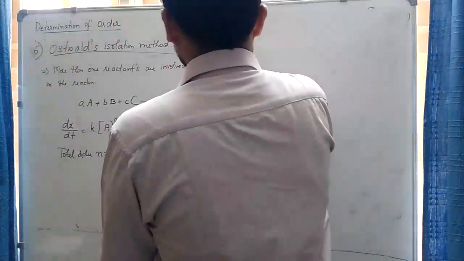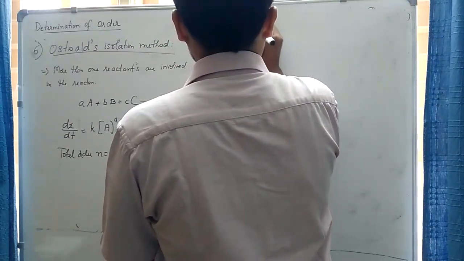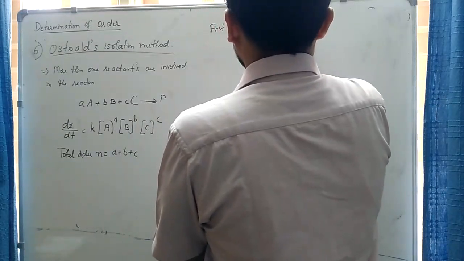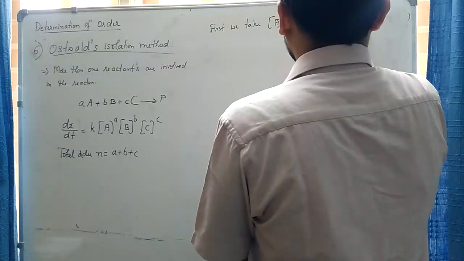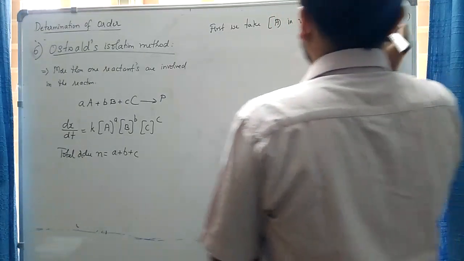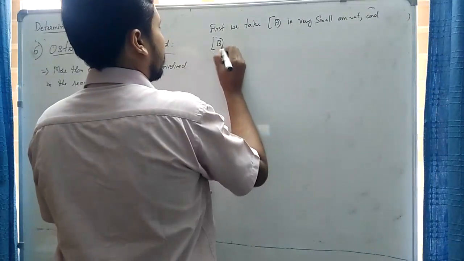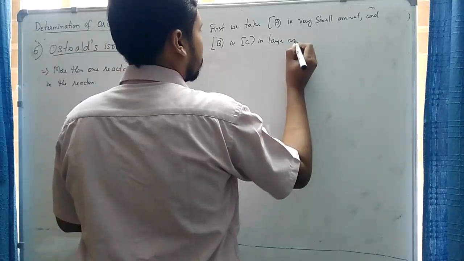Okay, so first we take concentration of A in very small amount and concentration of B and C in large amount.